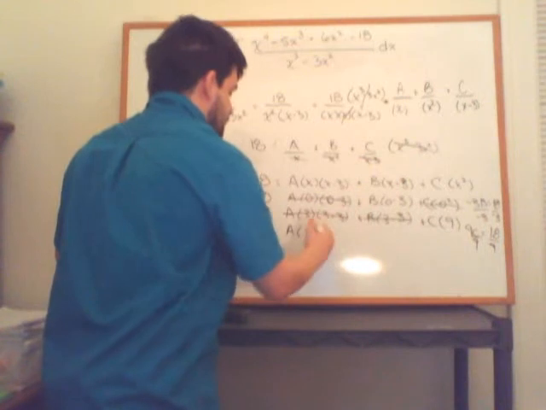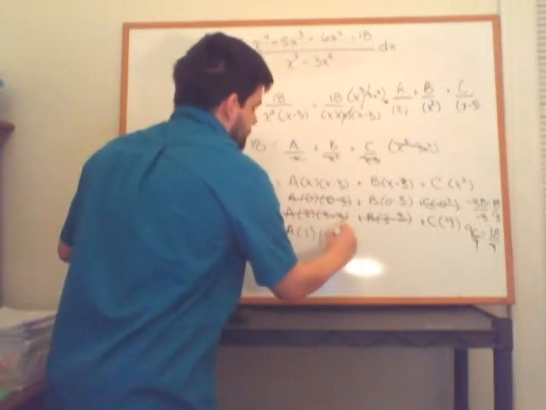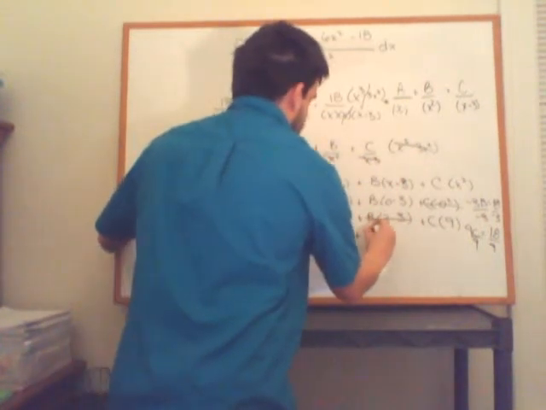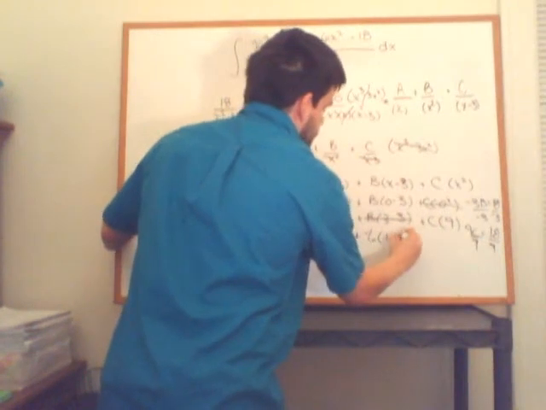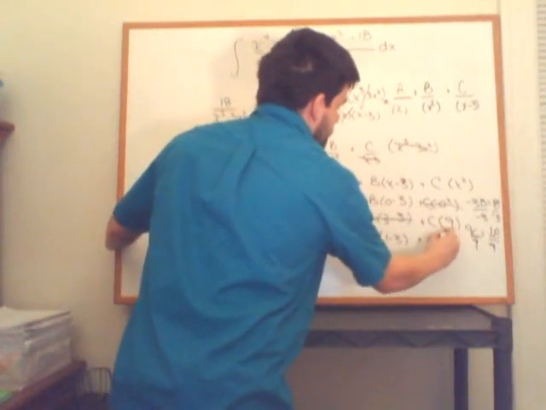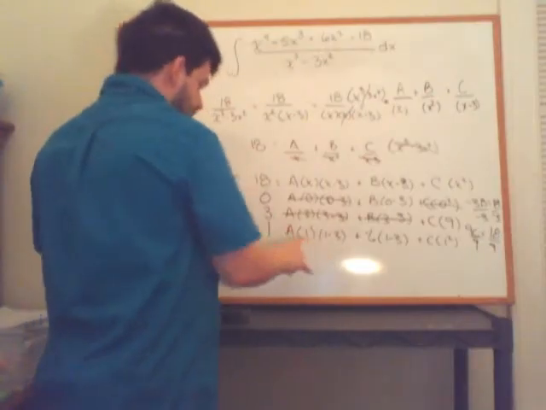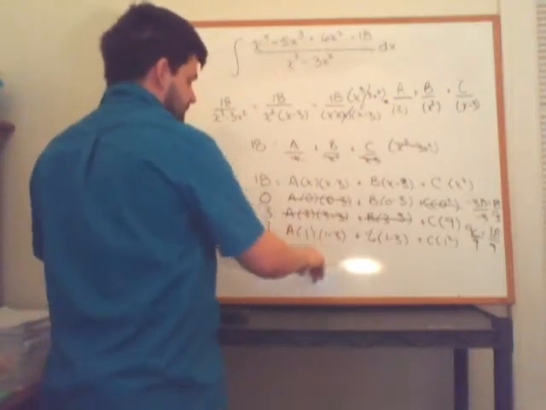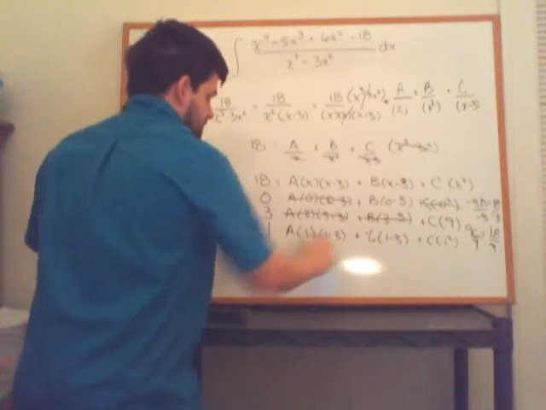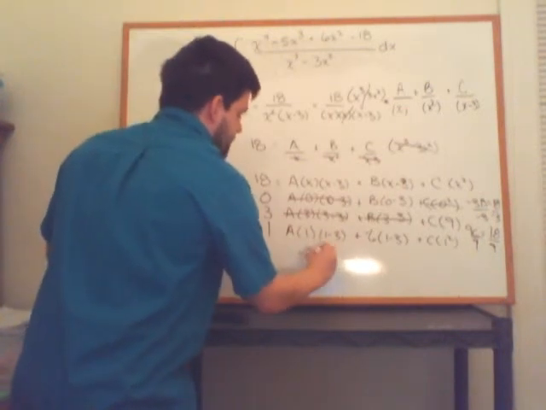And now I'm only dealing with 1 unknown instead of 2. So we have negative 6 times 1 minus 3 plus c times 1 squared. Okay, so a times 1 is a times negative 2. 1 minus 3 is negative 2, so negative 2a.